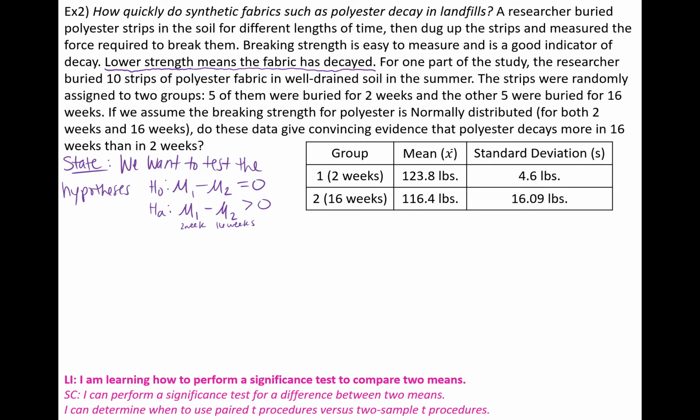Okay, now that we have those, we do have to define what our variables are. And I kind of have it right there, but I'm going to say where mu1 equals the true mean breaking strength, and this is going to be in pounds, for polyester after 2 weeks.